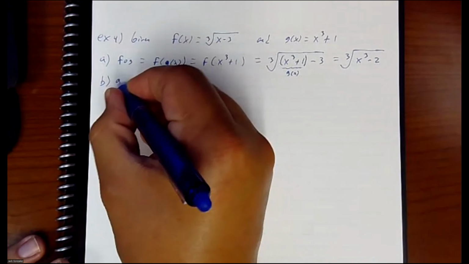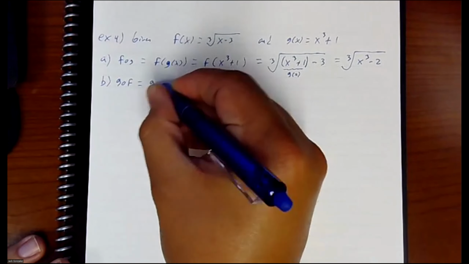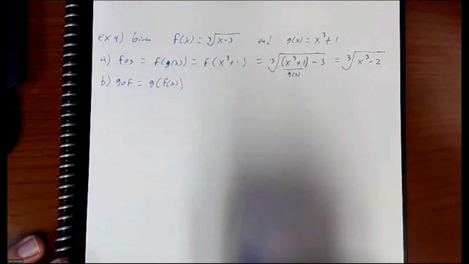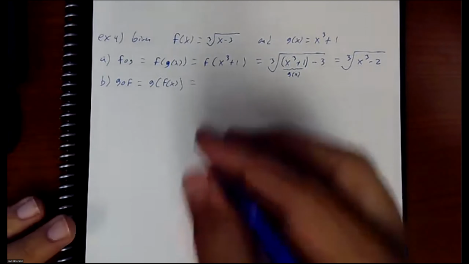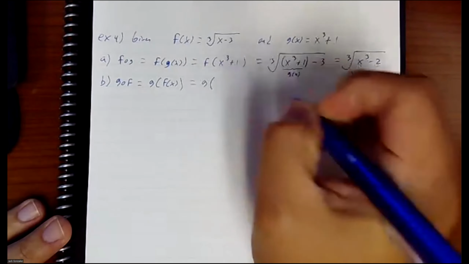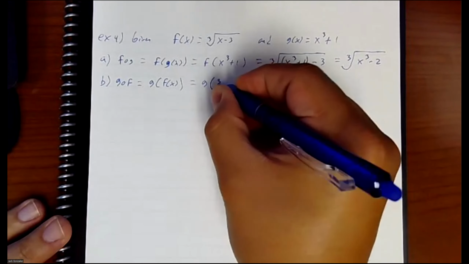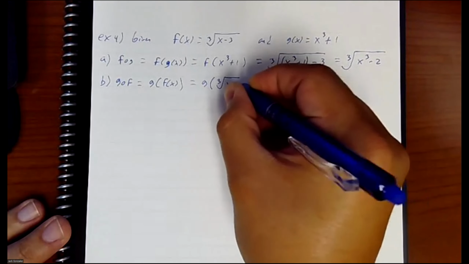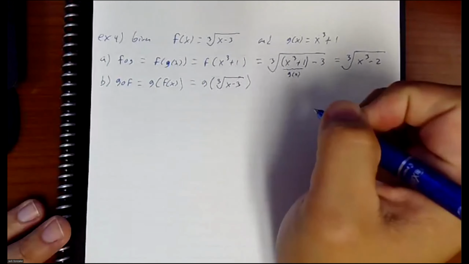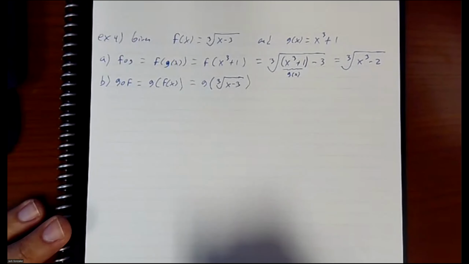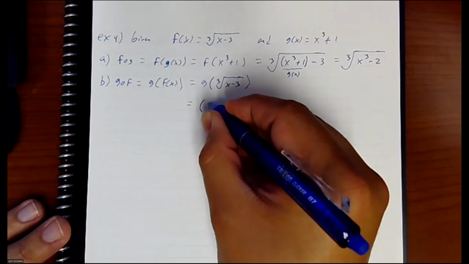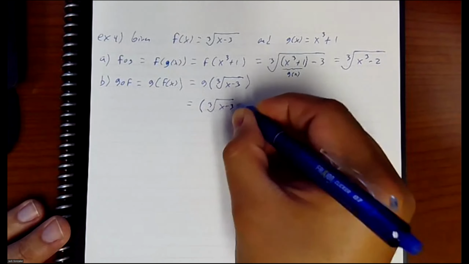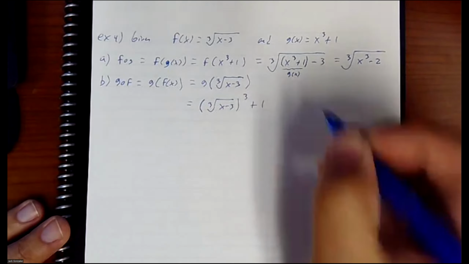Any other questions on part A? Okay, let's do g of f. Part B says find g of f. So that'll be g of the cube root, which means plug in the cube root and then cube it, right?